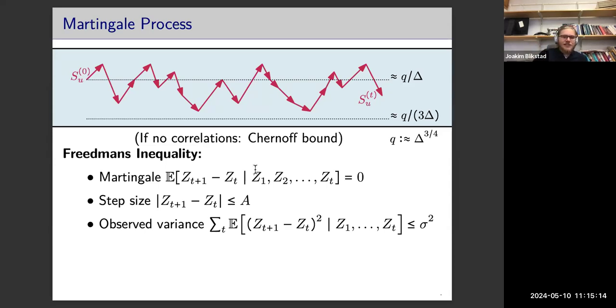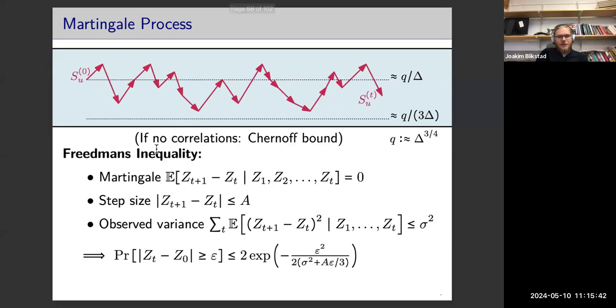And this is what Freedman's inequality does. It says that if you have a martingale and the step size is bounded by some A, and this observed variance is saying what the average step size is instead. Throughout your execution, it counts the variance of all the steps you took. And if you have delta squared small steps and delta big steps, it's still fine.